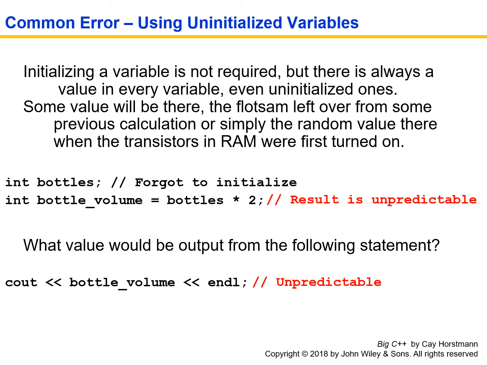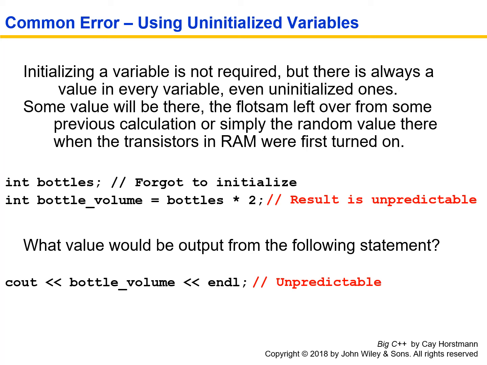Another common error is to use an uninitialized variable. In this case, the programmer chose to use int bottles without setting a number of bottles. They forgot to initialize it, or maybe they just intended to set a value for it later or read a value from console input.